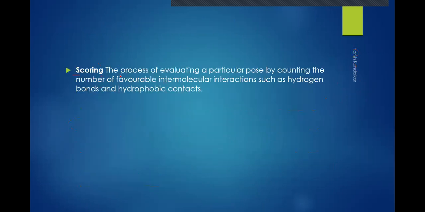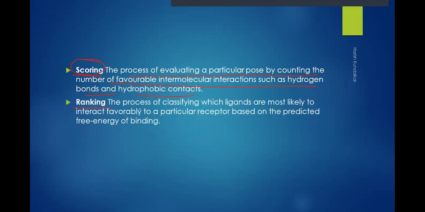Then scoring. Scoring is nothing but the process of evaluating a particular pose by counting the number of favorable intermolecular interactions such as hydrogen bonding, hydrophobic contacts, etc. So scoring will help us to rank the molecules, right? So the next concept is ranking. Ranking is the process of classifying which ligands are most likely to interact favorably with a particular receptor based on the predicted free energy of binding.